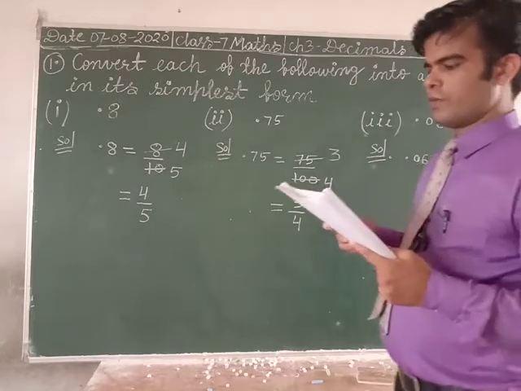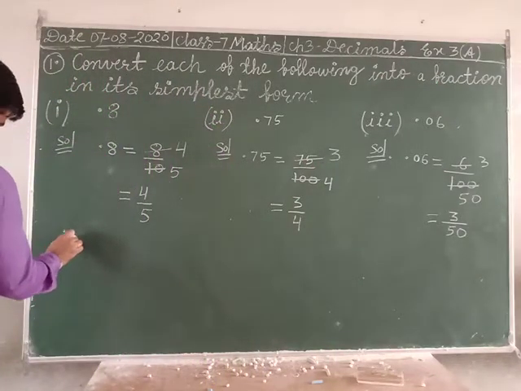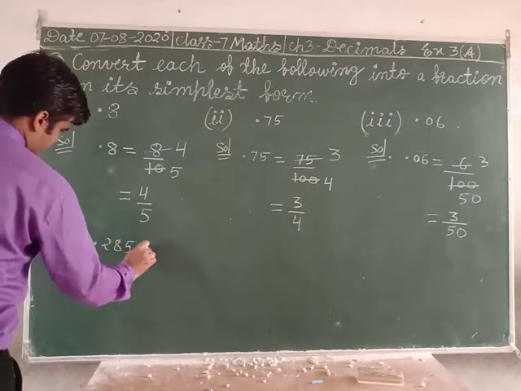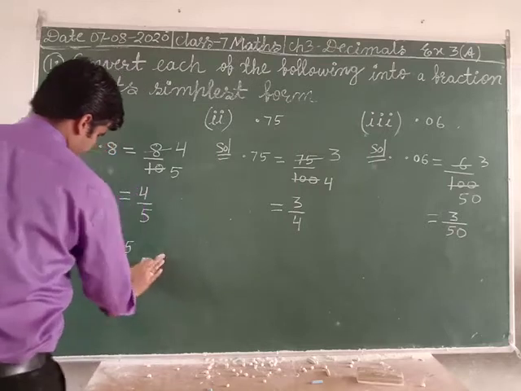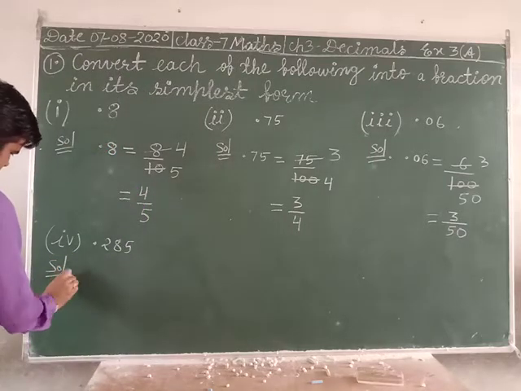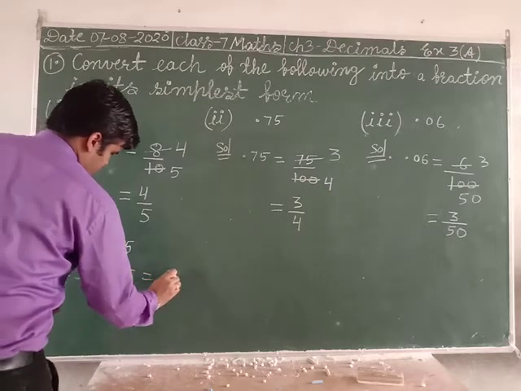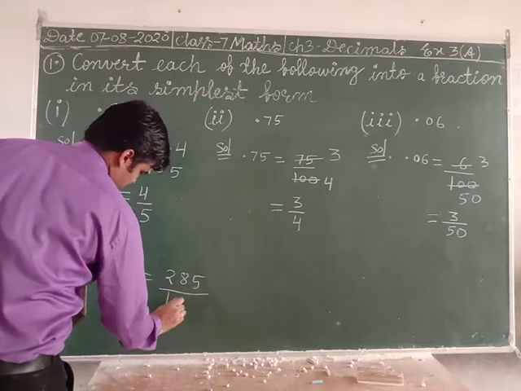Now question number 4: 0.285. So here in my next solution, 0.285 is equal to 285 upon 1000.